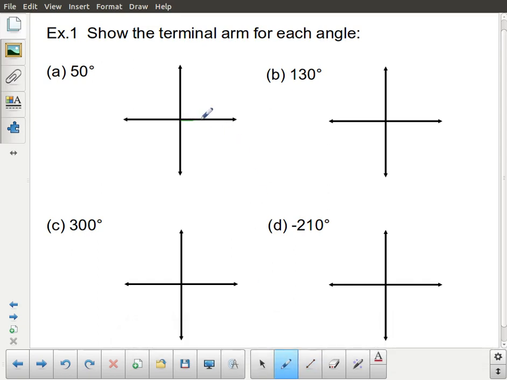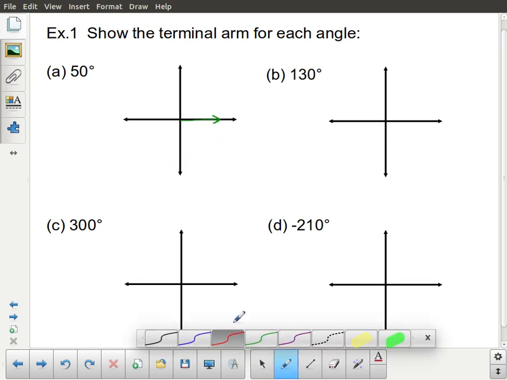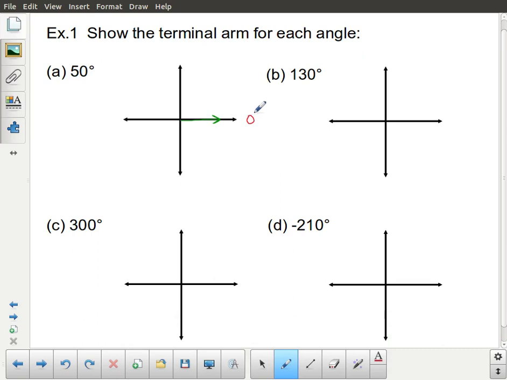Your initial arm is the positive x-axis. The terminal arm, and I'm going to use the same color I did before, your terminal arm here is at 50 degrees. Well, the x-axis is 0 degrees. The positive y-axis is 90 degrees. So 50 degrees has to be not quite in the middle here. It's a little bit past the middle. I am just freehanding it, so it doesn't have to be exactly correct.